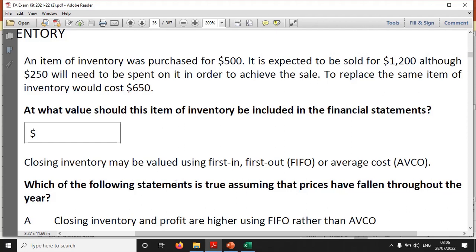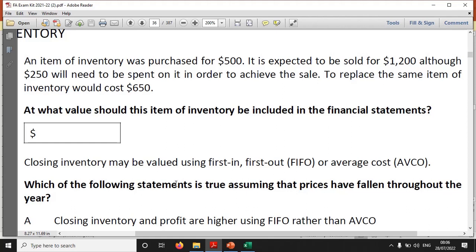And yesterday we began to discuss, one of the things that we established was that stock should be valued at the lower of cost or net realizable value. We are able to see the cost, which is 500, and the NRV in this case, if you have your calculator, will be 1,200 minus 250. That should be giving you a 950.